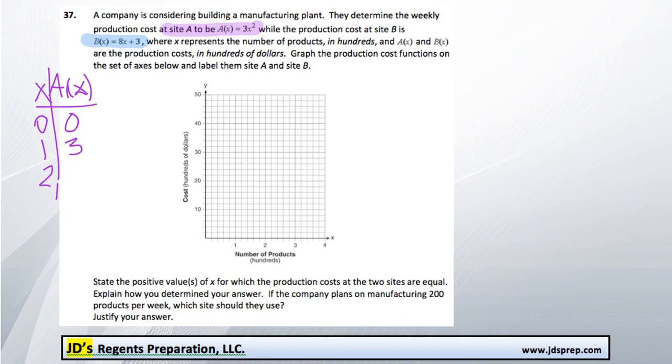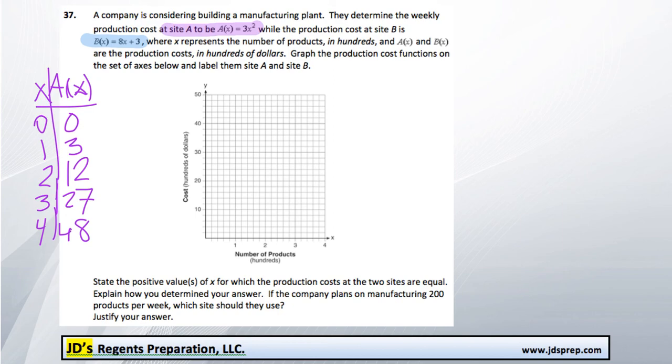If x is 2, 3 times 2 squared is 3 times 4, which is 12. And then 3 times 3 squared is 3 times 9, that's 27. And then finally, if x is 4, 3 times 4 squared, that's 3 times 16, and that's 48.